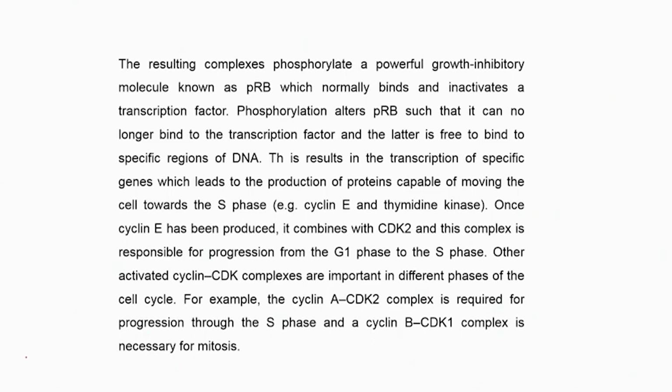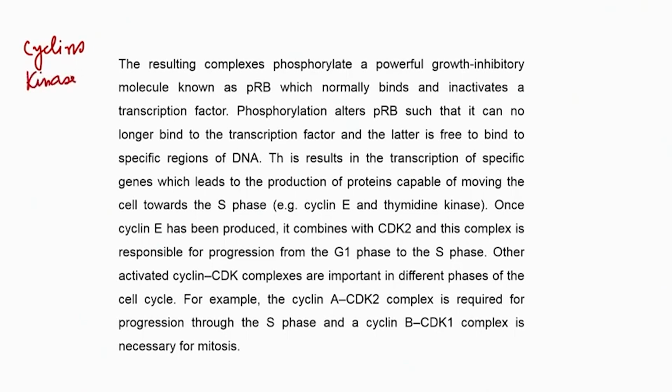Okay, we have already told that these are two important proteins that play a role in pushing the cell from one phase to the other: the protein called cyclins, and the enzyme-like protein called the kinase, that is CDK.